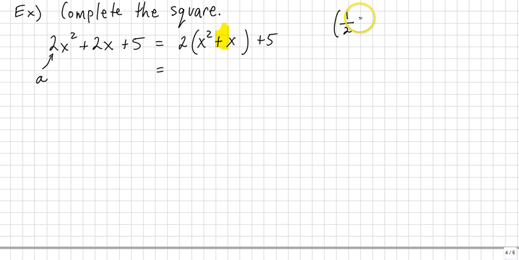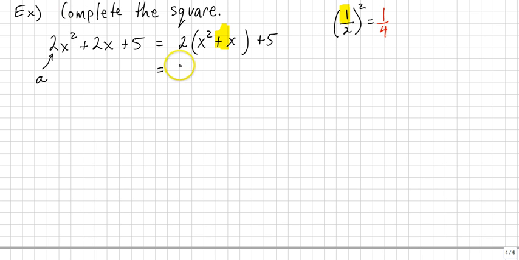I'm going to divide it by 2, and I'm going to square it. It's always this number right here divided by 2 and squared, which in this case, 1/2 squared gives me 1/4.